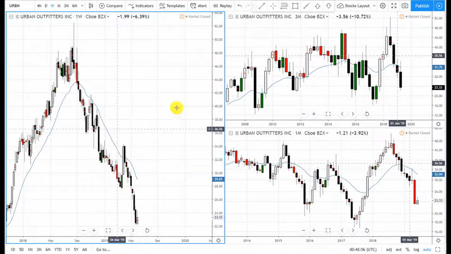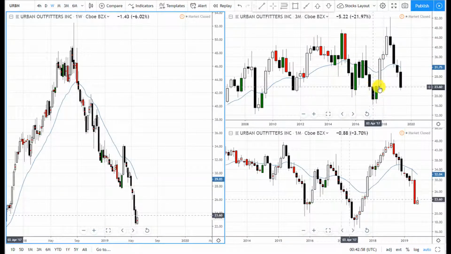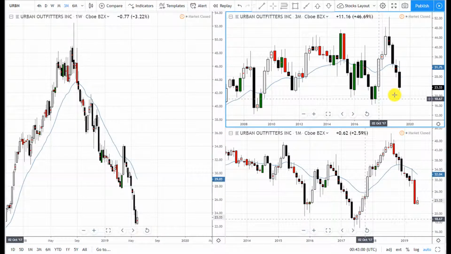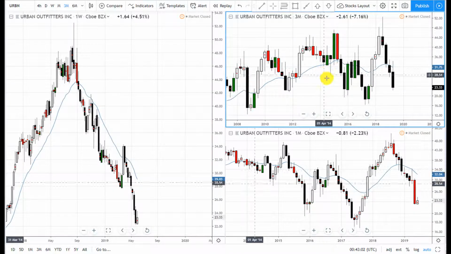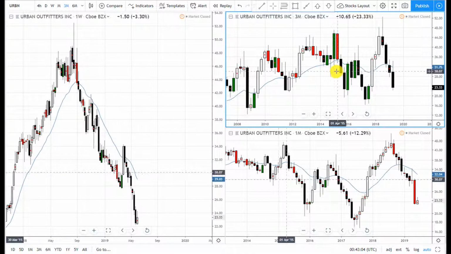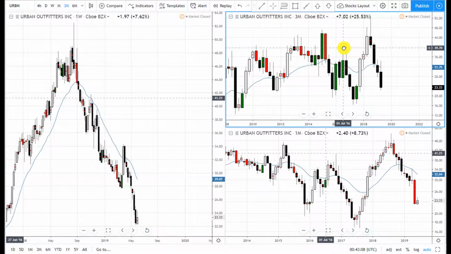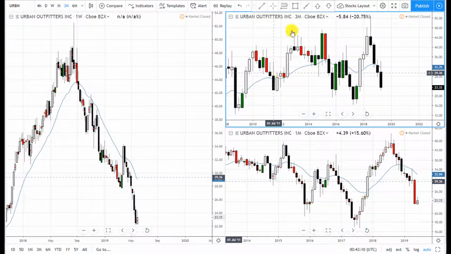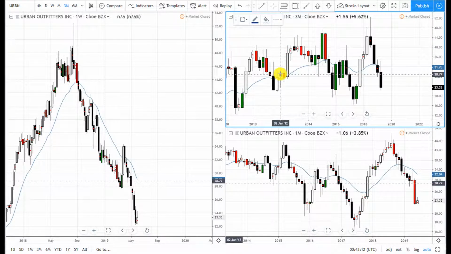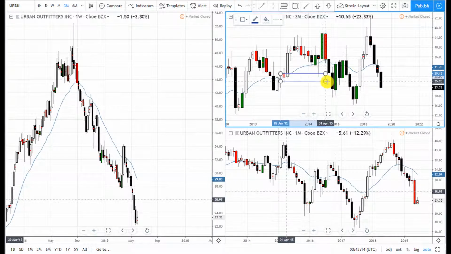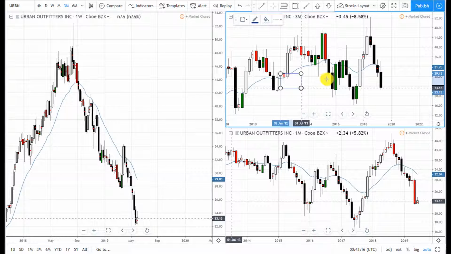Okay, so on the right-hand corner here, we see that price back in 2014 made a dip and then it rallied up. It created a demand zone here.